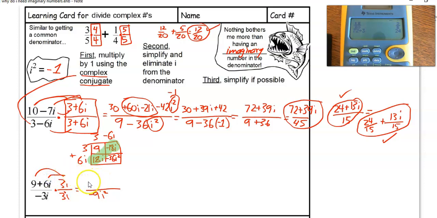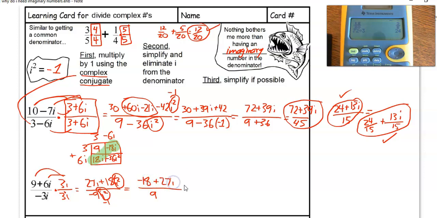I've got 3i times 9 is 27i, and 3i times 6i is plus 18i squared. Now I'm going to continue to simplify. That i squared down here gets replaced with a negative 1, so that's negative 9 times negative 1 is 9. And on top, the 18i squared, the i squared gets replaced with a negative 1, so that's negative 18 now, and then plus 27i.